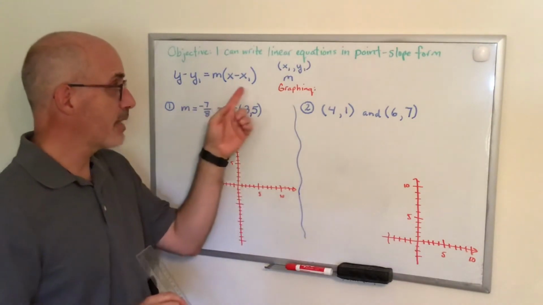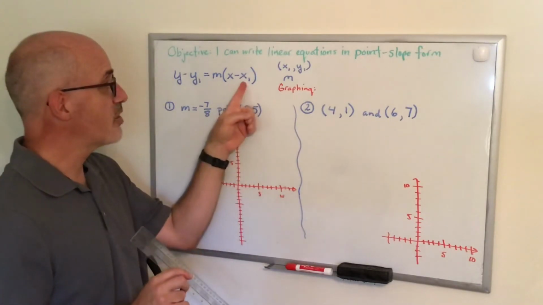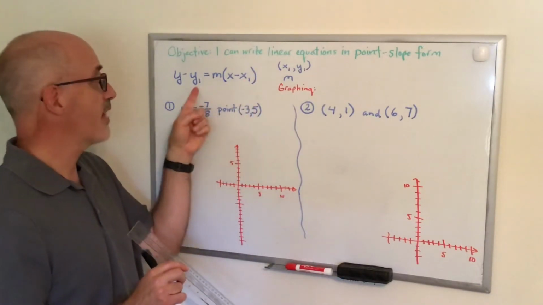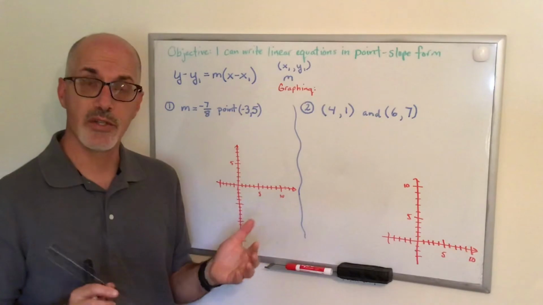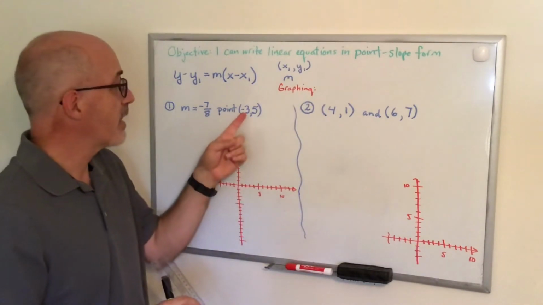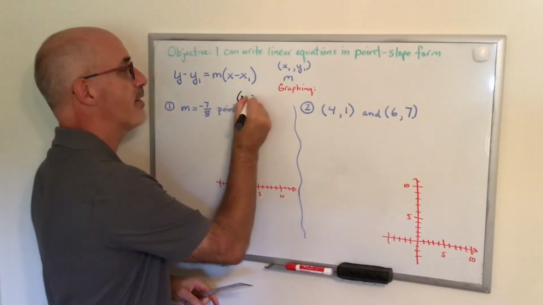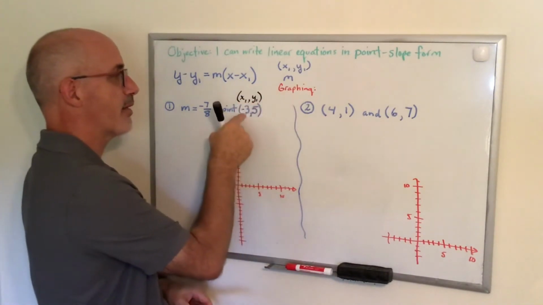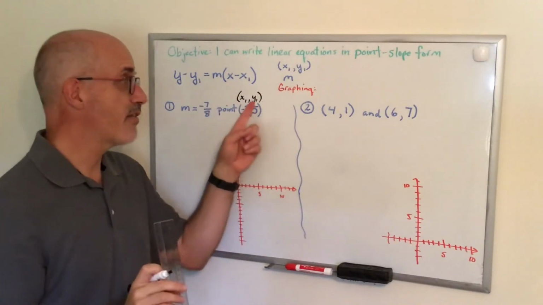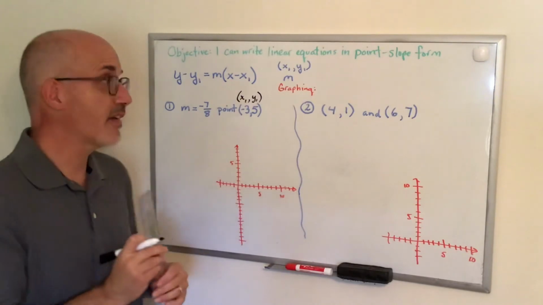Now, you might not be as familiar with using subscripts in these formulas. This just means the first x and the first y that's given to you. It's a specific ordered pair. So like here, this would be my x sub 1, and this would be my y sub 1. Negative 3 is my x sub 1, 5 is my y sub 1, because that's the first x and y specifically given to us.